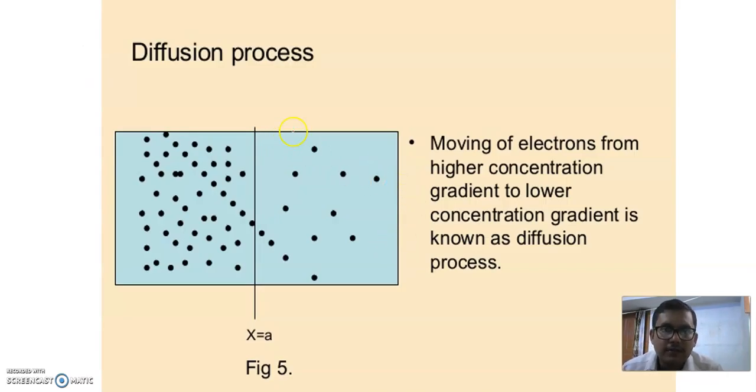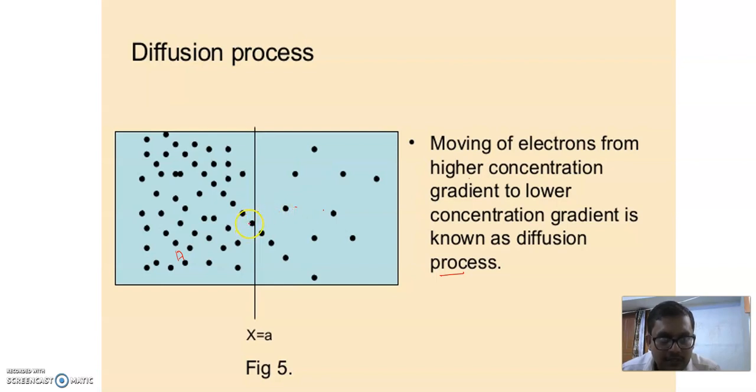Now diffusion process can be defined: the moving of electrons from higher concentration gradient to lower concentration gradient is known as diffusion process. So in the left side concentration of the gradient is high, and in the right side concentration of the gradient is low. So electron will be moved from higher concentration to lower concentration.